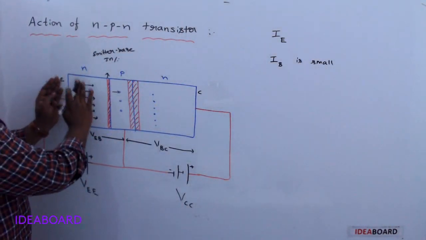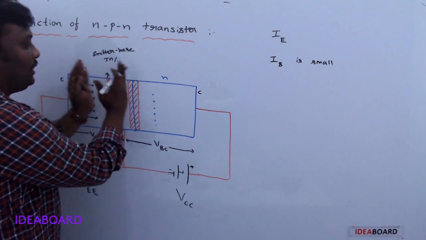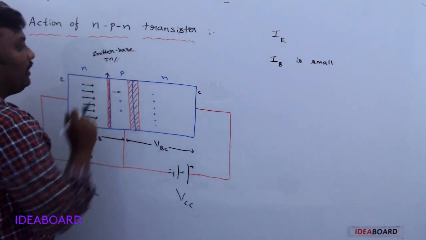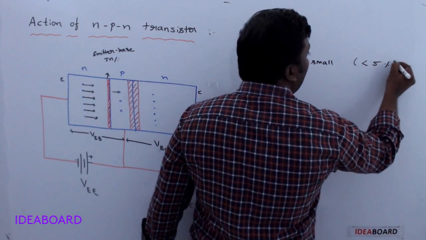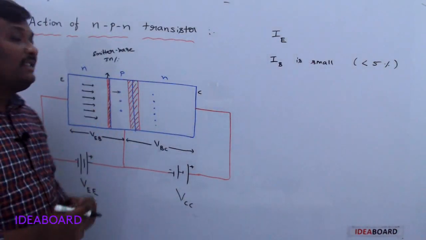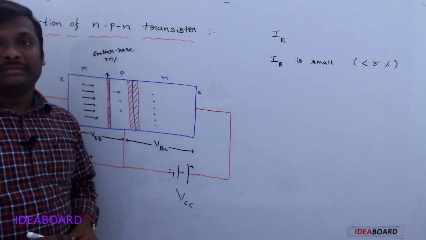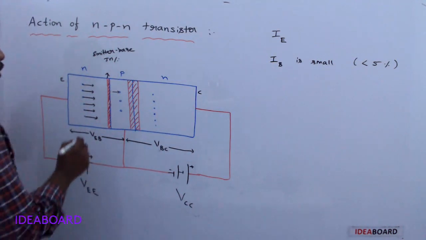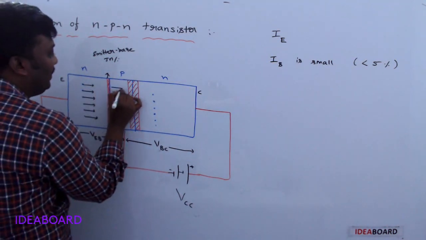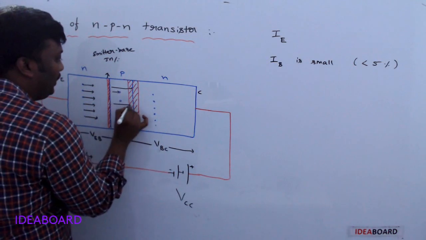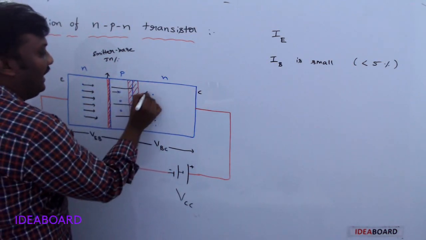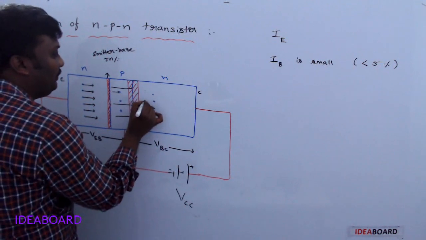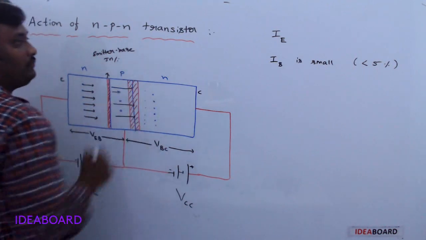So if you send 100 electrons to the base region, less than 5% of electrons recombine with the holes. Most of the electrons penetrate into the collector junction and enter into the collector region.